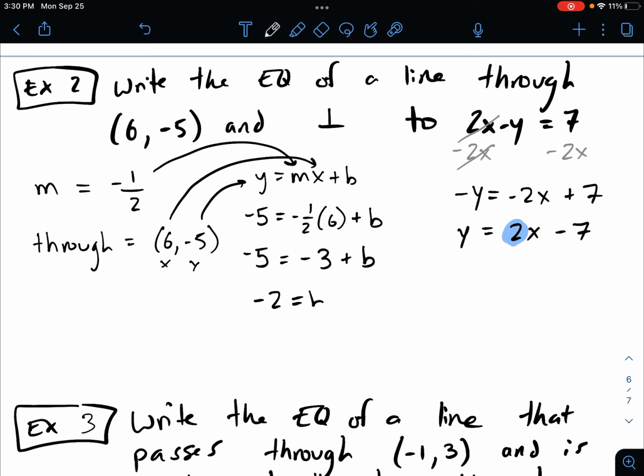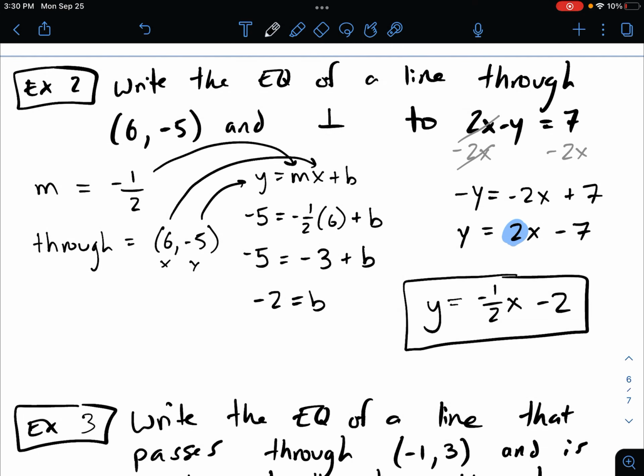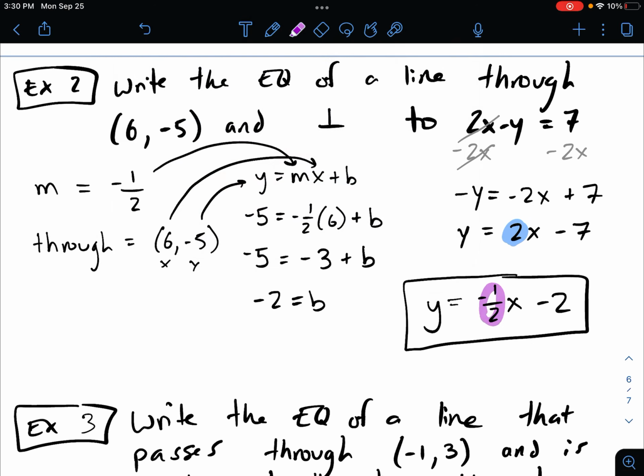Then if I add 3 to both sides, we get -2 equals b. So now that I know the slope of my new line, that's perpendicular, and I know the y-intercept of my new line, I can go ahead and write my final answer, y equals -1/2 x minus 2. All right, and that's going to be your final answer. Again, notice how my slope is the opposite reciprocal from the 2, right? So it has to be perpendicular.